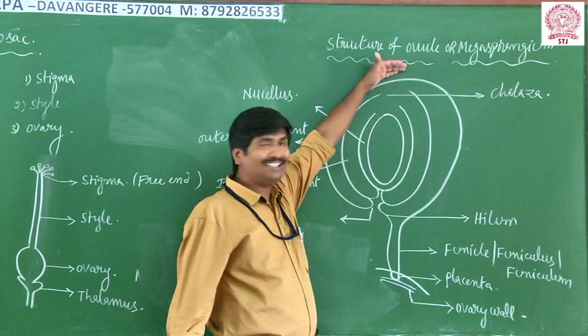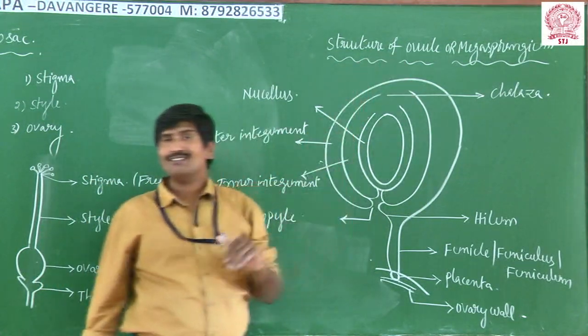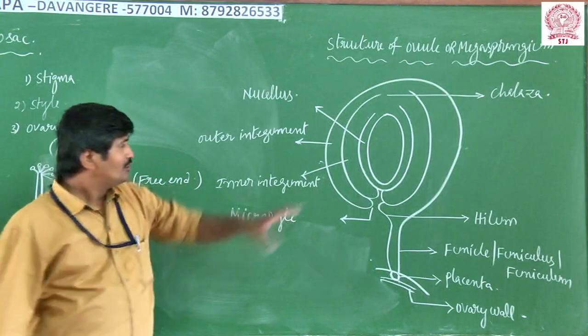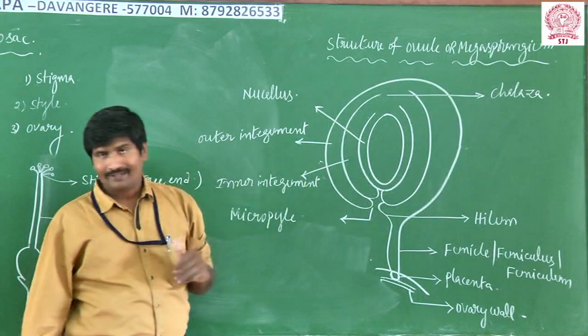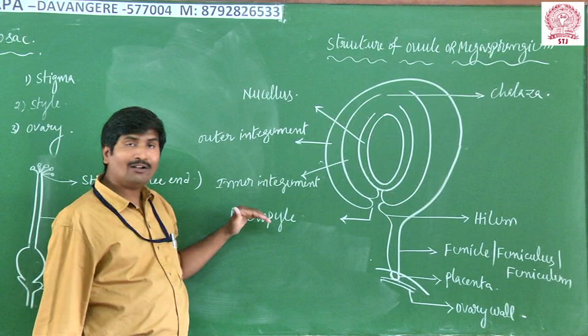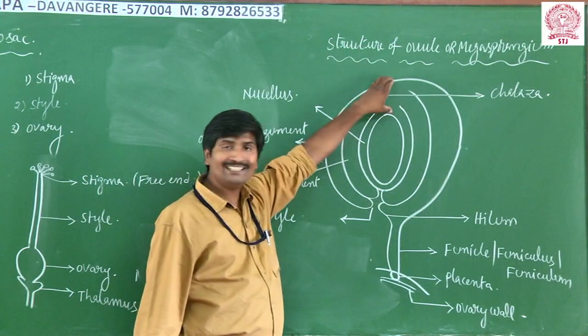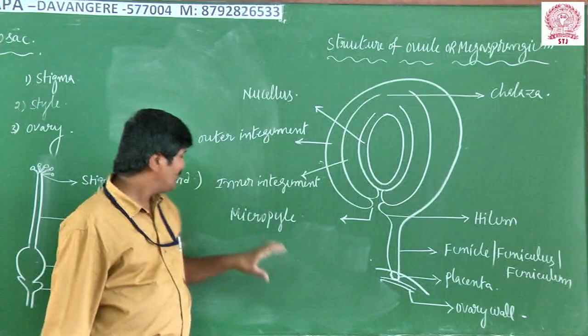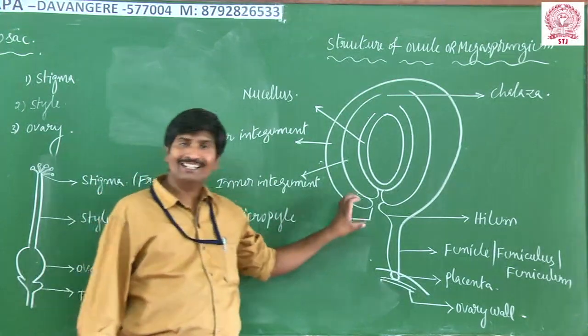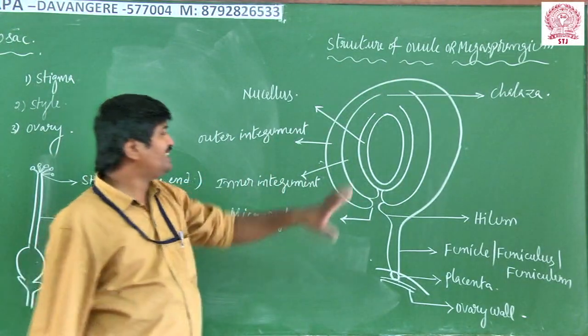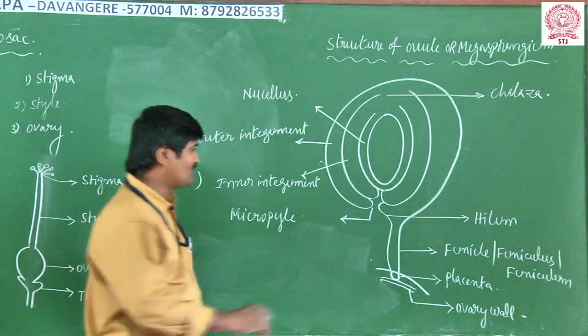Towards the chalazal region, that is the chalazal end. Two ends are there: micropylar end and chalazal end. Chalaza is the basal part of the ovule. Micropyle is the apical part of the ovule.